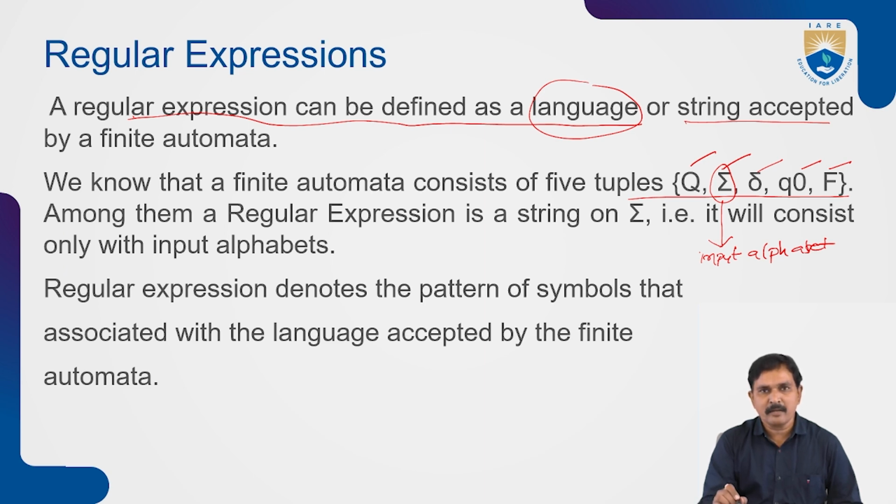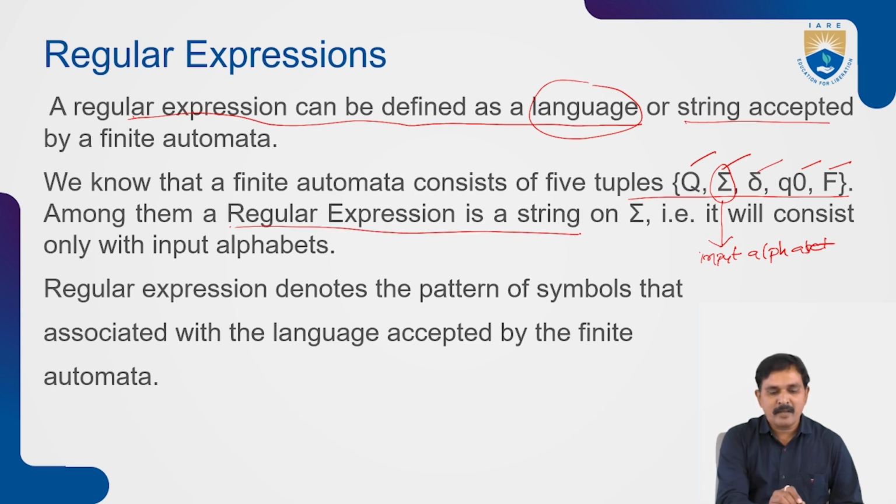The generation of the valid strings of the language by the input alphabet, those are recognized by finite automata, and these recognized tokens or common patterns of the particular language. The valid strings of a particular language can be expressed by one expression, which is called a regular expression.